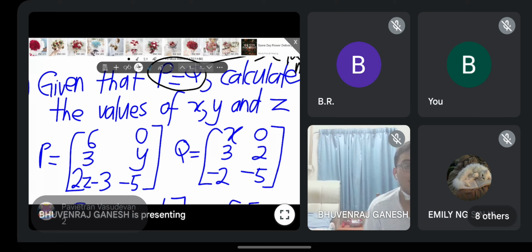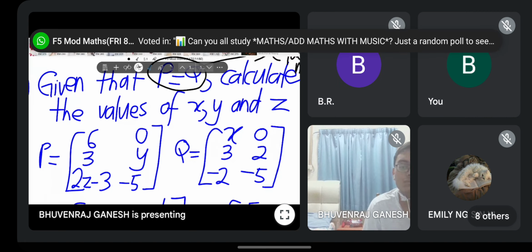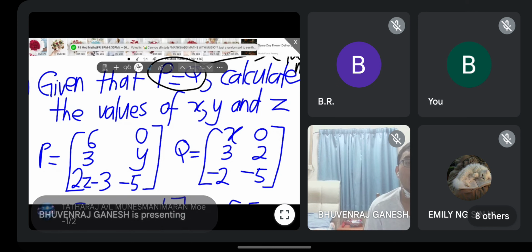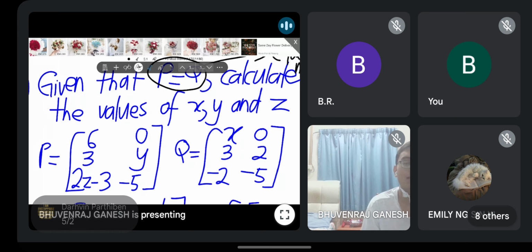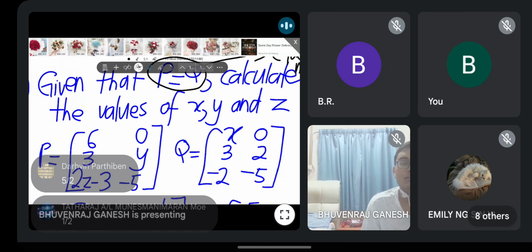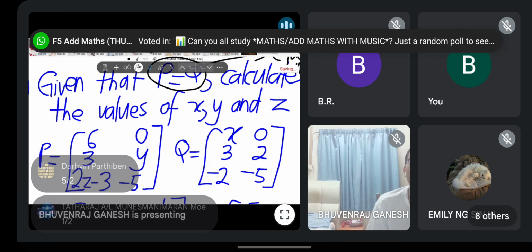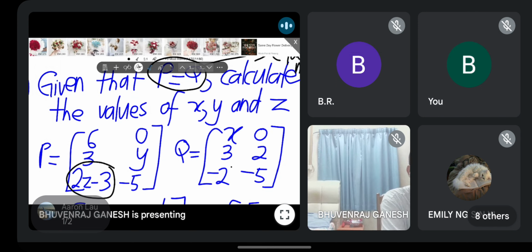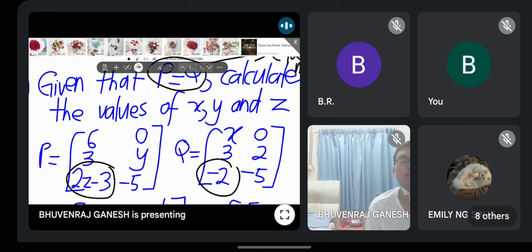Careful. Slightly wrong. Anyone else want to try for z? Yes, 1 over 2 is the correct answer. No negative sign now, guys. 2z minus 3, you compare with -2. So you will get 1 over 2 as your final answer.